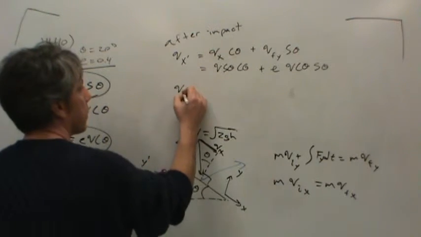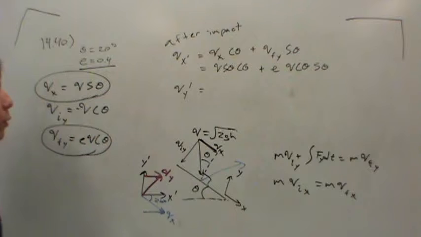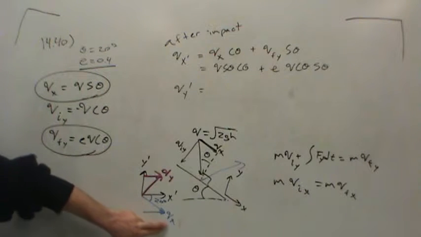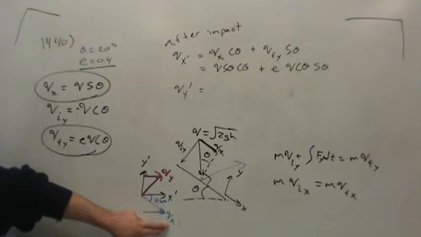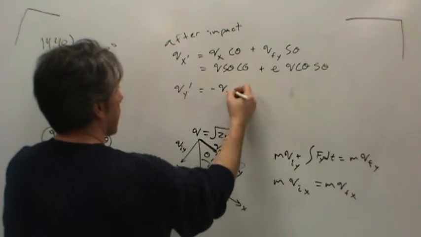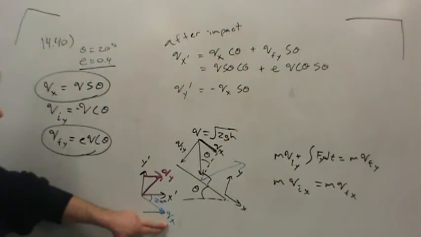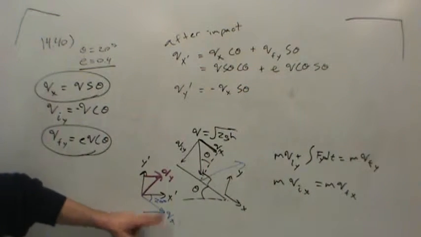Okay, now I'm going to ask you for a little bit more help with Vy prime. So this again is after impact. How would I write it? I need the y component of Vx. What would that be? Negative Vx sine. Right? Good. How about Vy?